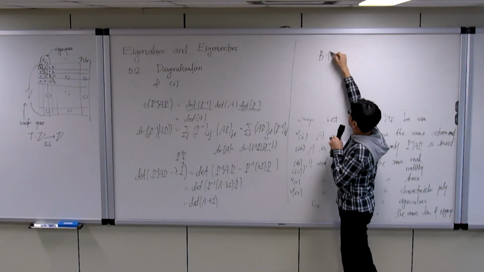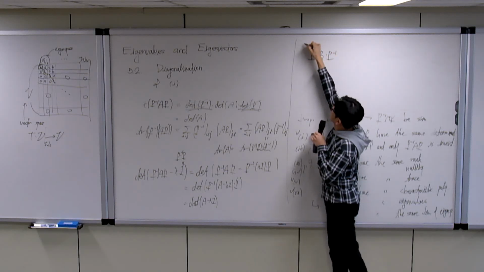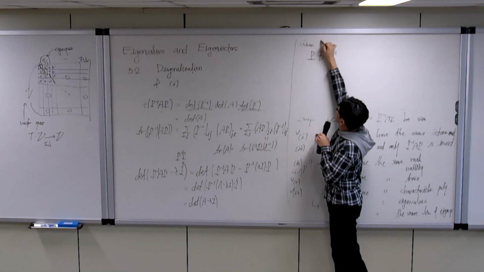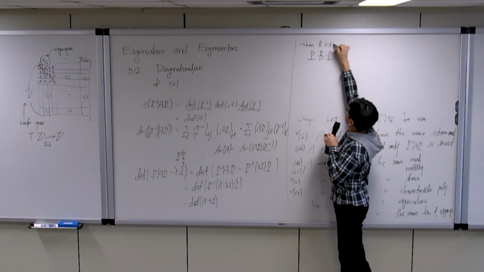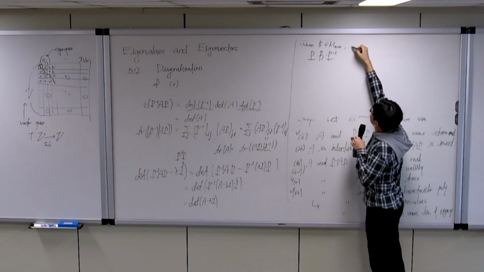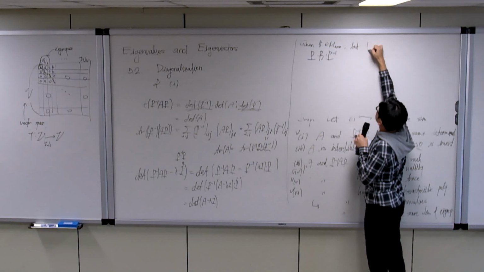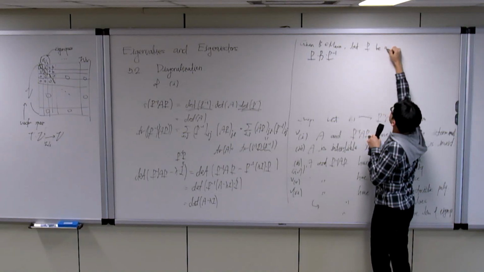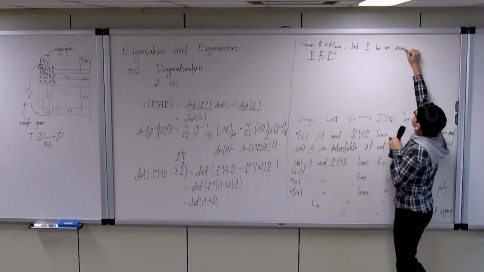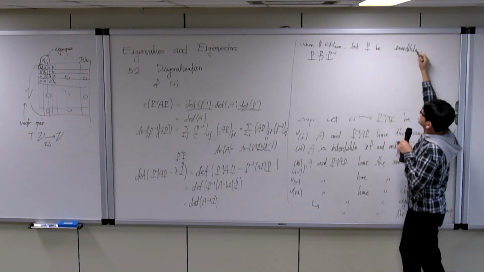Simple example. Let's consider a 2 by 2 matrix. Let B be 1, 2, 2, 3.